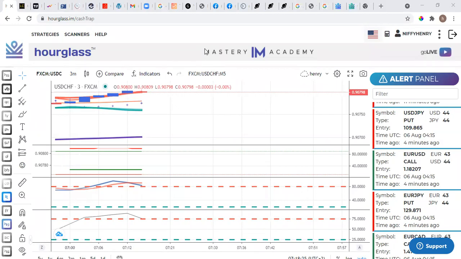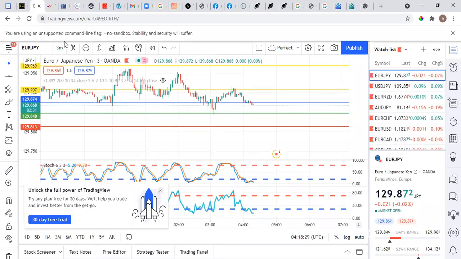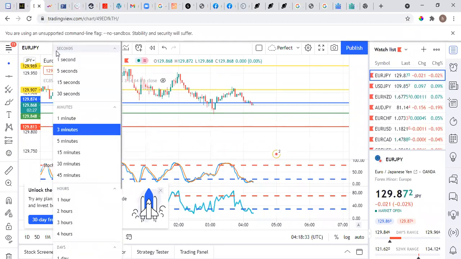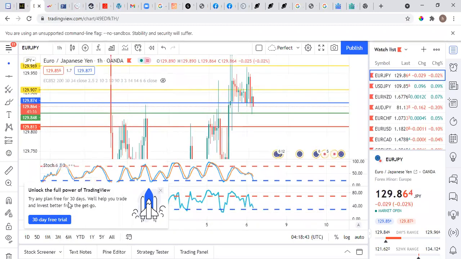What time frame were those supports taken? Well, mostly I do 3 minutes, but when you want to draw your support line and your resistance line, I taught this in the last class, you should take it from a higher time frame, like the hourly.